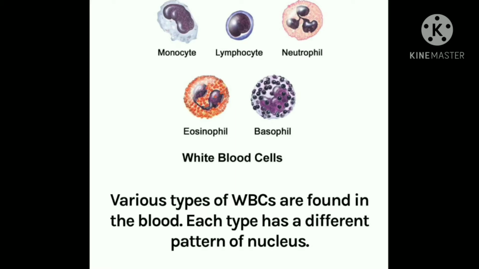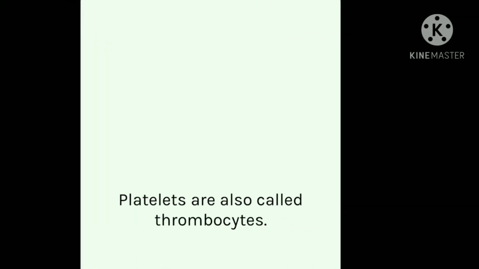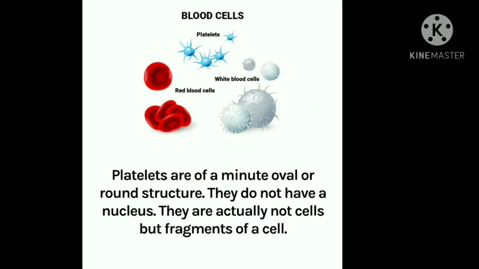Each type has a different pattern of nucleus. So here you are able to see the white blood cells. Somewhere only one nucleus, somewhere many nuclei, in some two nuclei are there, so there is a different pattern of the nucleus.